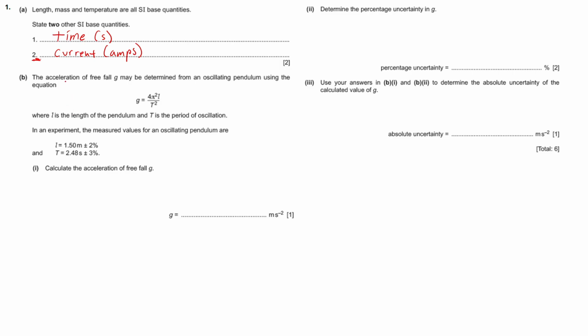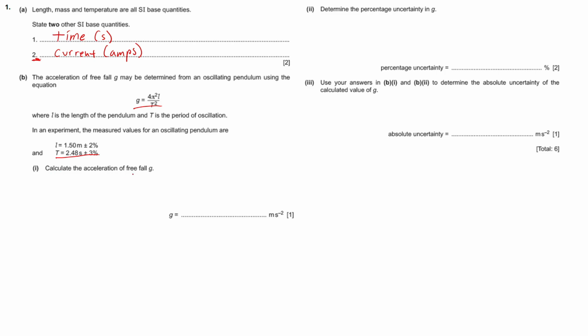Anyway, back to B. The acceleration of freefall g may be determined from an oscillating pendulum using the equation given, where L is the length of the pendulum and T is the period of oscillation. In the experiment, the measured values are L equal to 1.5 m and T equal to 2.4 s.